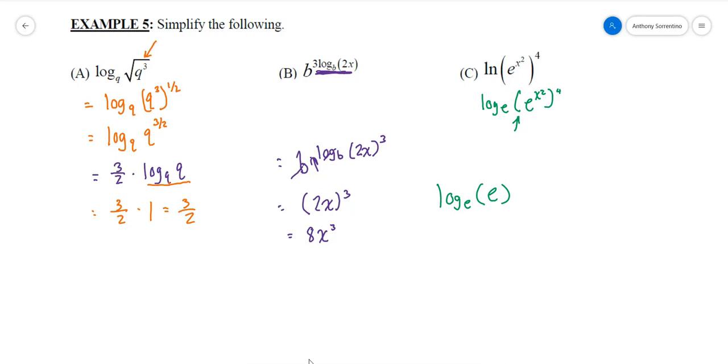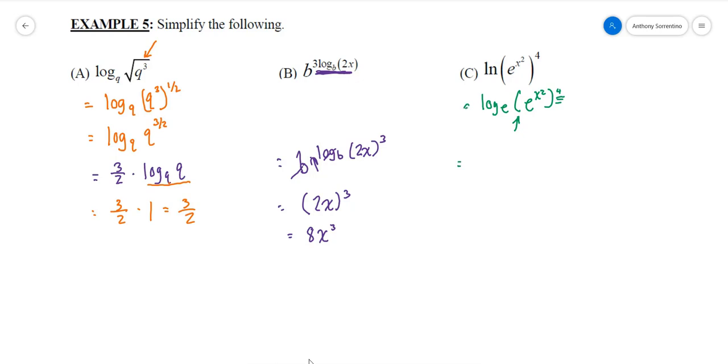There the parentheses really aren't needed. Here they are, because I do have this quantity being raised to the 4th power. If I just drop the parentheses, I do not have the same thing. So what I have to do is get rid of this exponent of 4, so I am allowed to drop the parentheses.